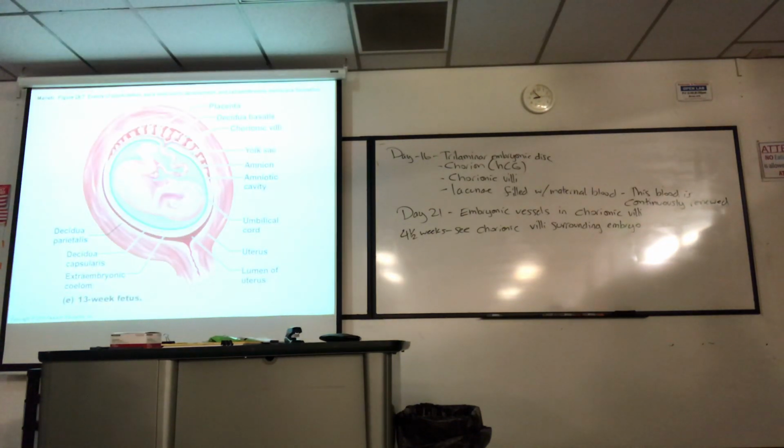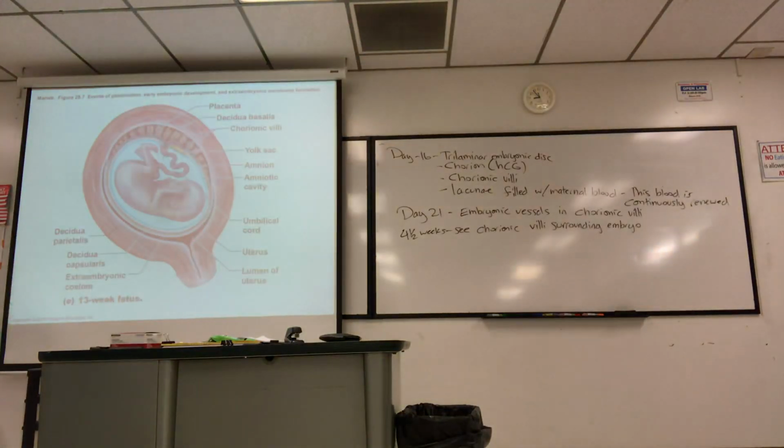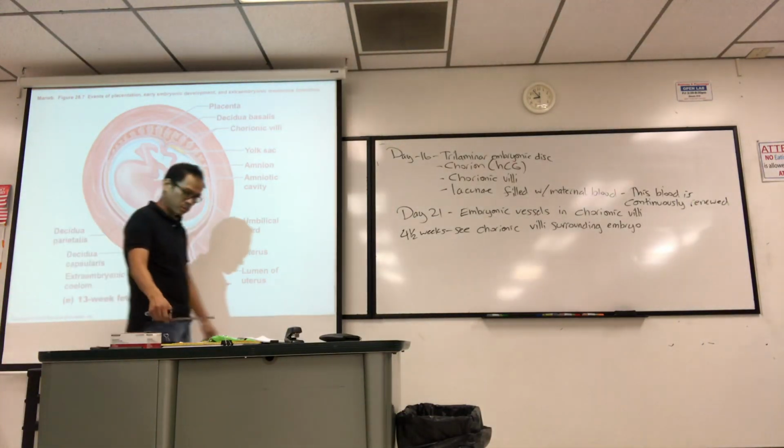Go from 1 month to 3 months, or about 13 weeks. And I kind of gave you a preview of this before. All of the chorionic villi have flattened out. So 13 weeks.